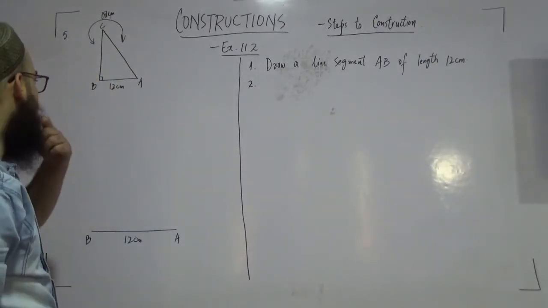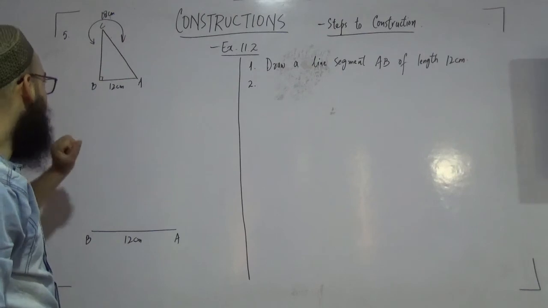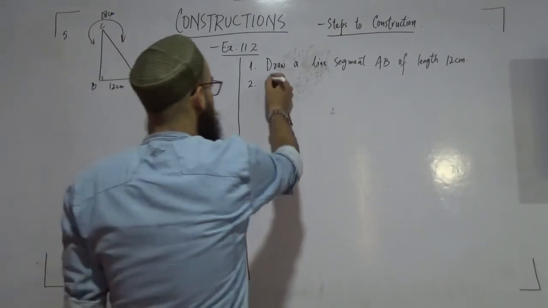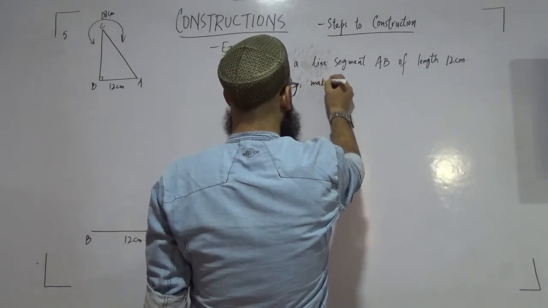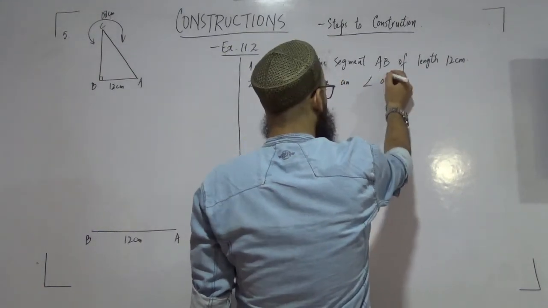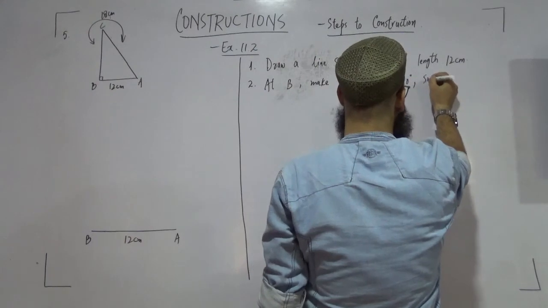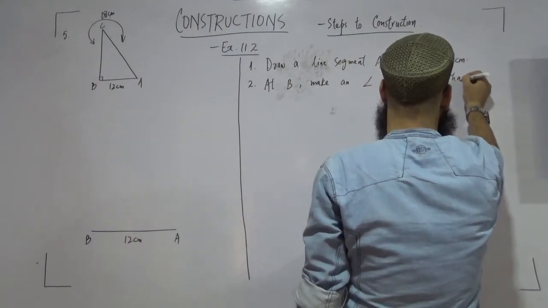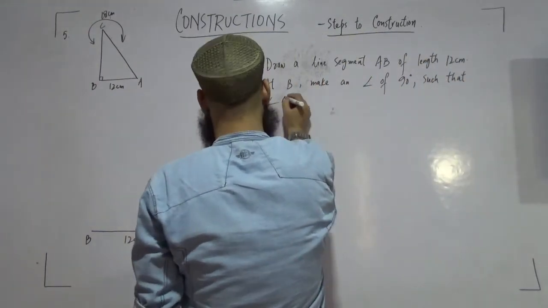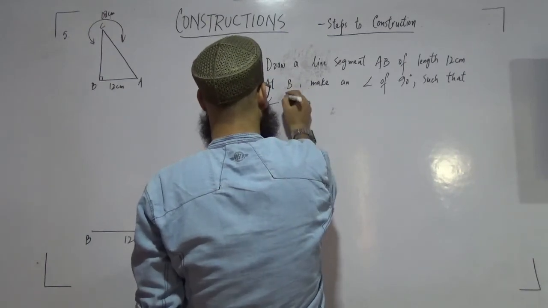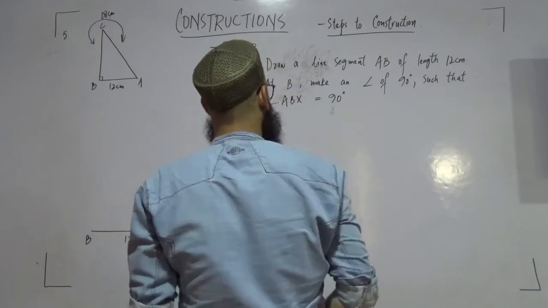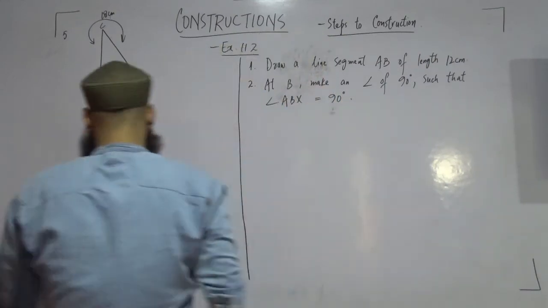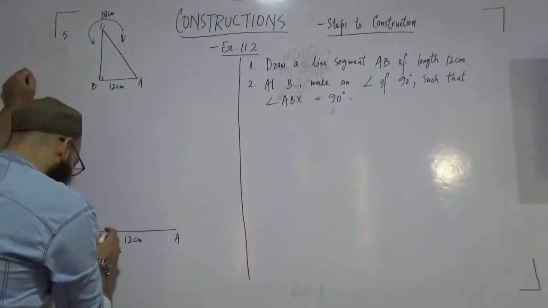Then the second step, at B make an angle of 90 degree such that angle ABX is equal to 90 degree. So it will go like this.